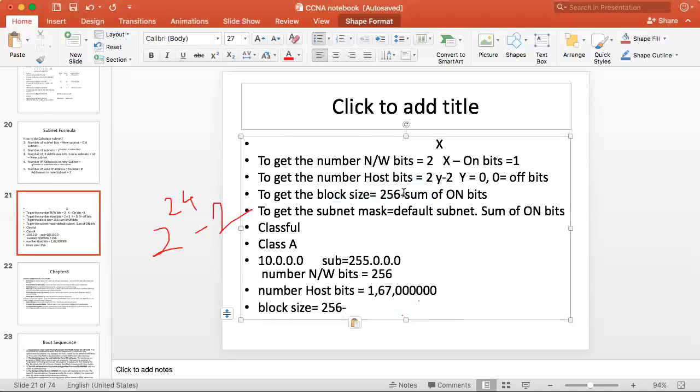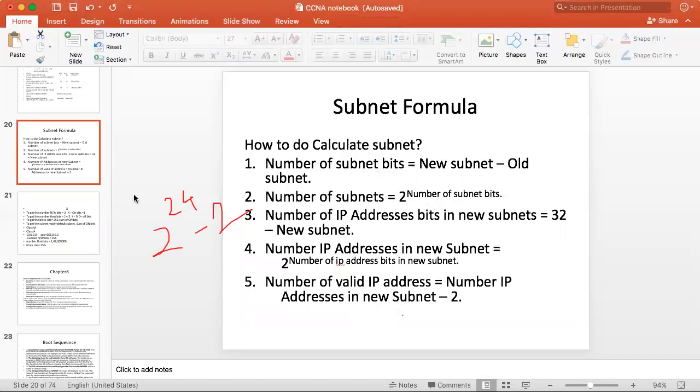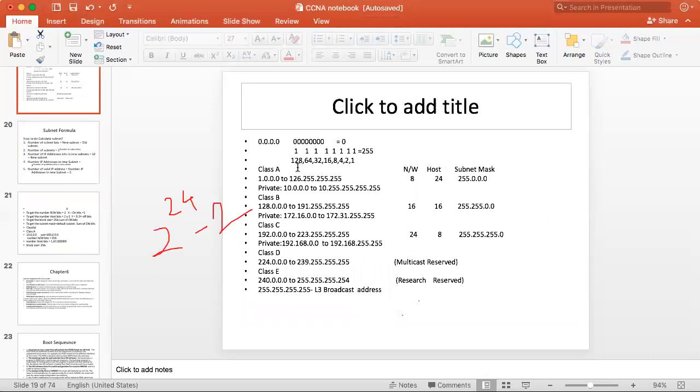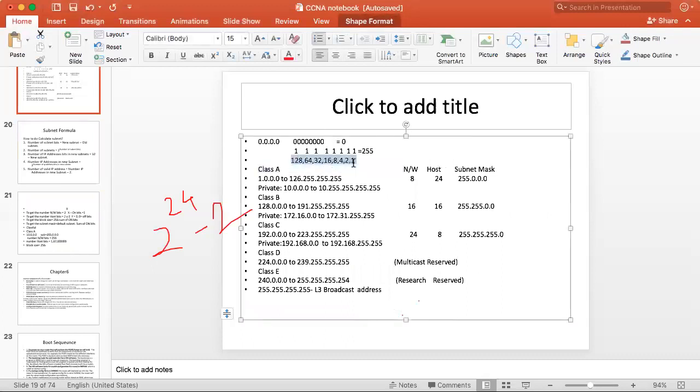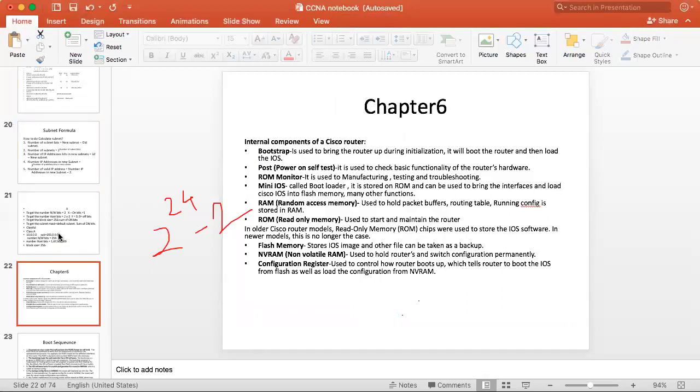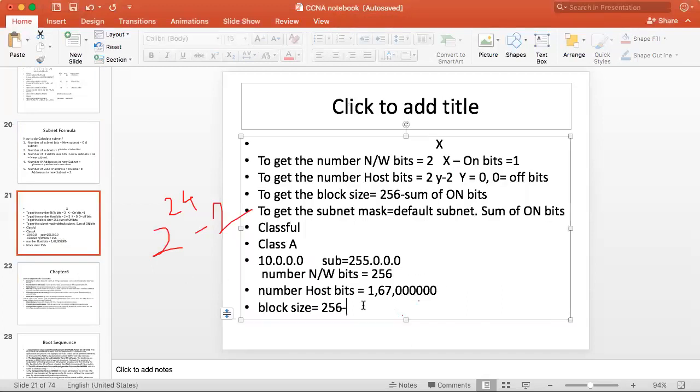Now how many on bits do I have here? In the previous example, if you have noticed, when all 8 bits are on and I calculate the sum, I get 255. So 256 minus 255, I have got a block size of 1.